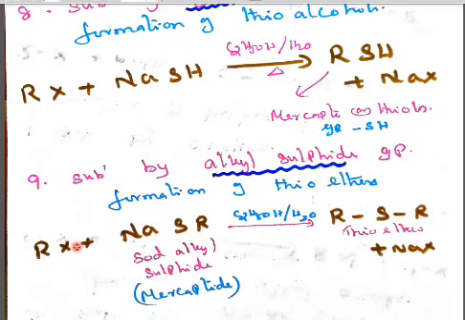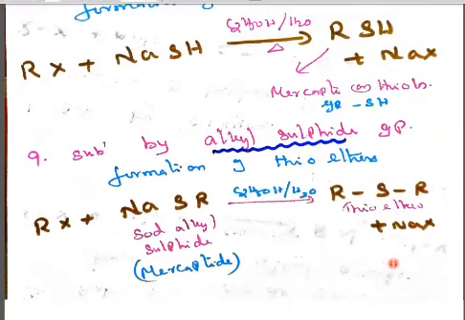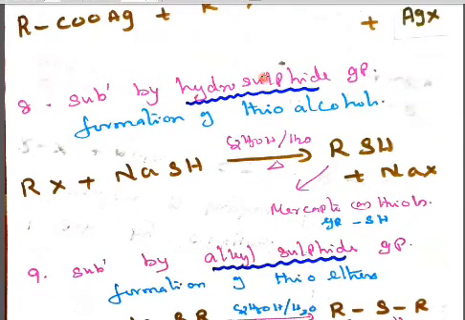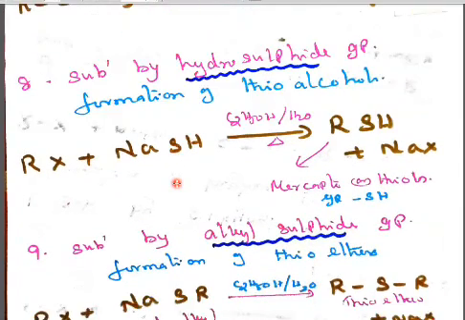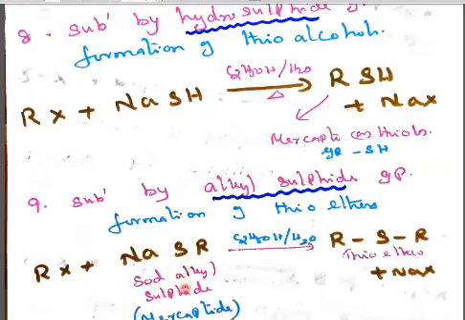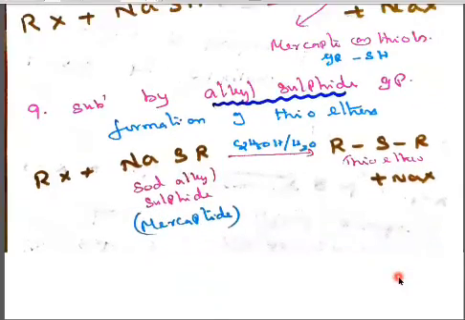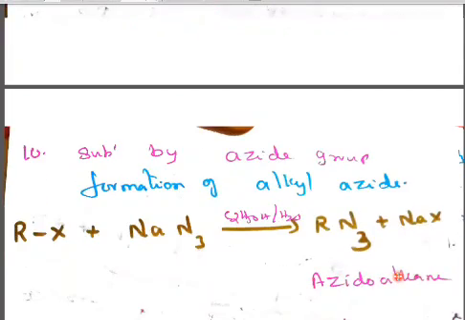So NaX will be released and we get RSR. ROR is called ether, and RSR is called thioether. This is the way of preparing thioalcohols and thioethers, by using the hydrosulfide with sodium, and then alkyl sulfide with the alkyl iodide, we are getting thioethers.